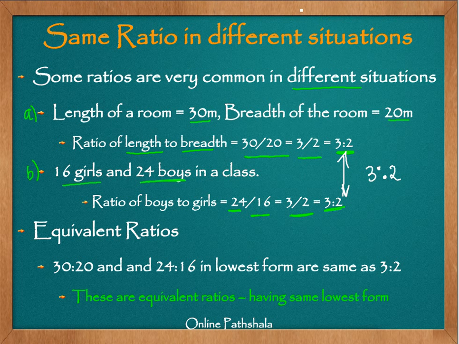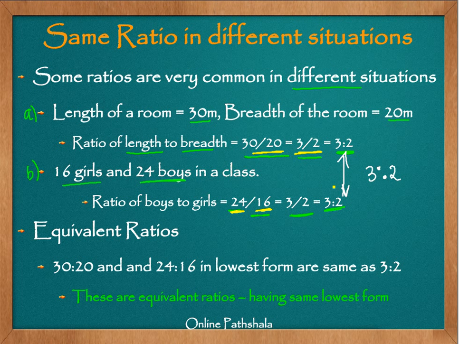The other thing you would see is that in the first example we started with a ratio of 30 by 20, which eventually simplified down to 3 by 2, or 3:2. Whereas in the second example we started with an initial ratio of 24 by 16, which again reduced down to 3:2.